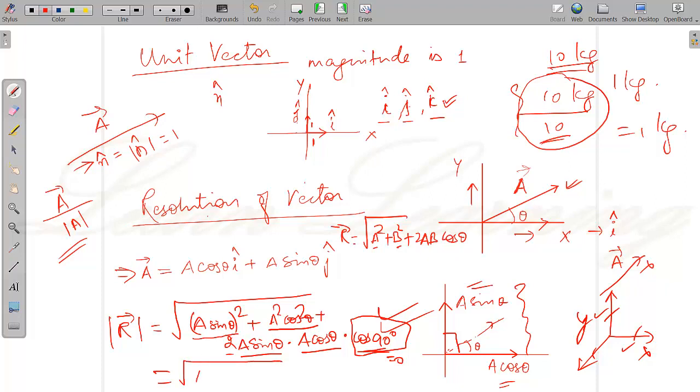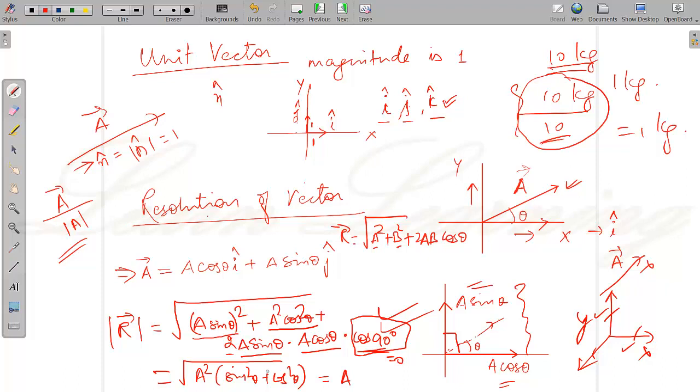Taking the root, it is a square times sin square theta plus cos square theta. You know that sin square theta plus cos square theta is equal to 1, so it becomes the square root of a square, which is a. So the resultant gives you back the original vector.